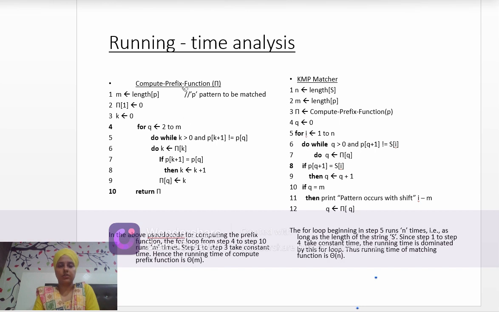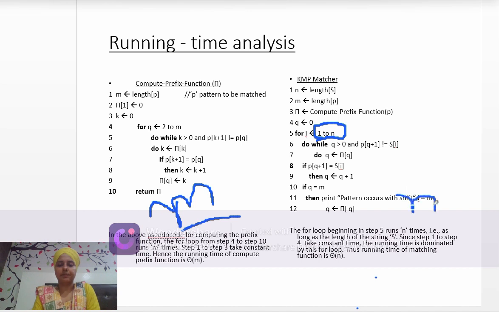Now the pseudocode for the prefix function. It will take a time of m, because the size of the pattern is m and we want to calculate the prefix function for all the m values. Then here we want to scan the whole string till n, right?